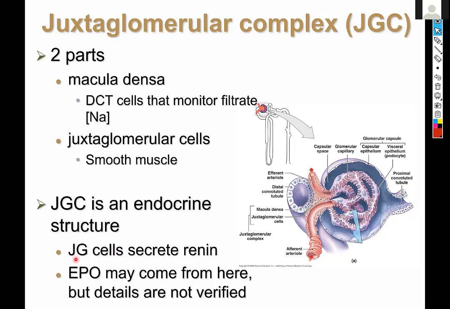So we know that the juxtaglomerular cells secrete renin as well, part of the renin-angiotensin-aldosterone system. And we know that erythropoietin comes from the kidneys, but not specifically where. So since they secrete renin, it would make sense for EPO to also come from here. And also this is an area that senses blood flow, but nobody actually knows for sure.